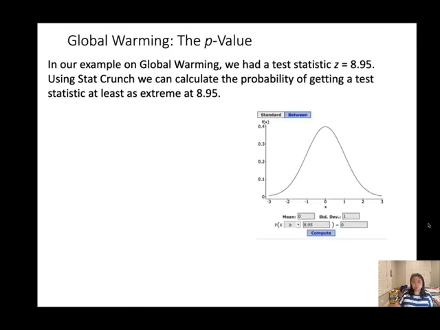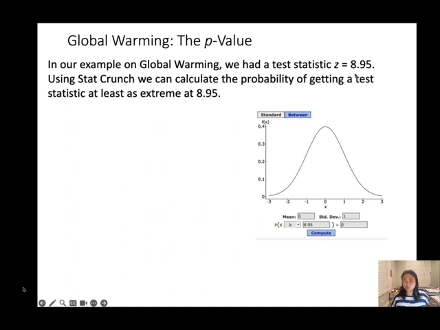Okay, let's look at this example. The p-hat example, we already found the test statistic is equal to 8.95. Then I used StatCrunch here and we get this picture. This is a normal distribution.